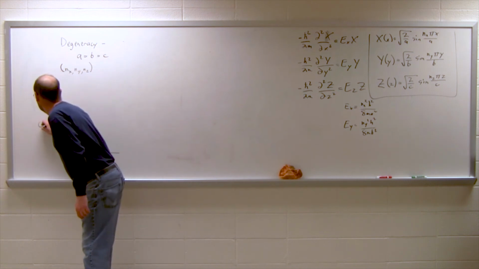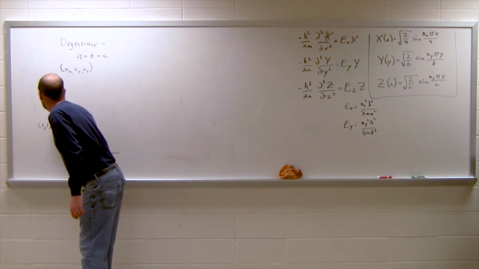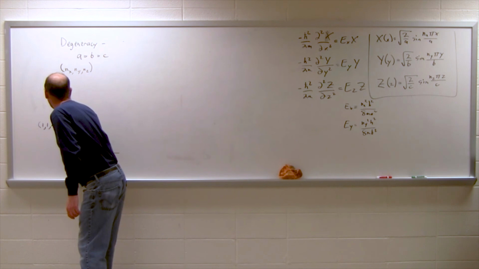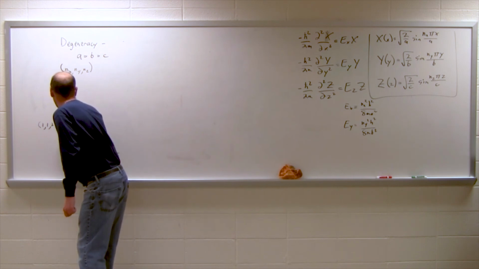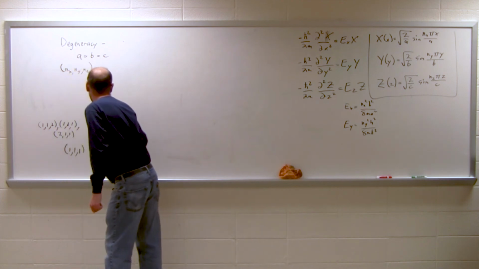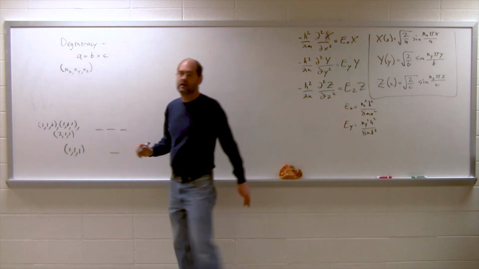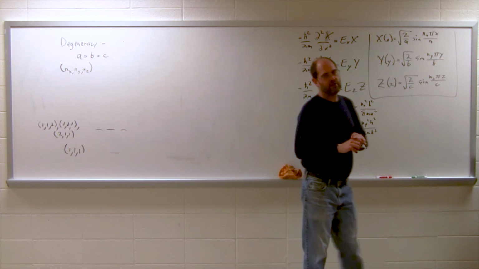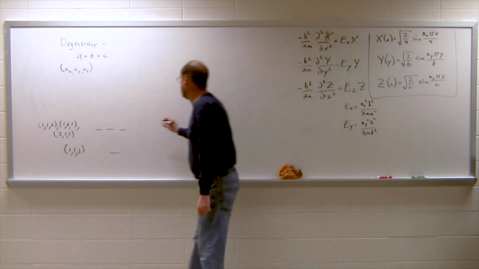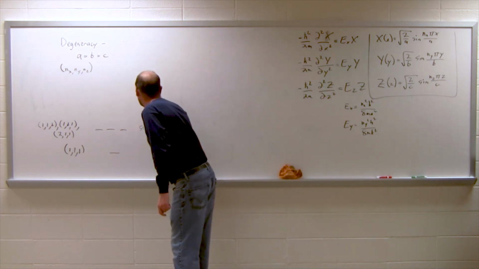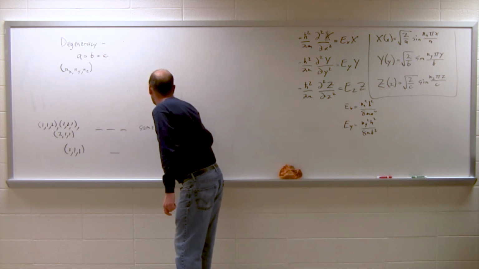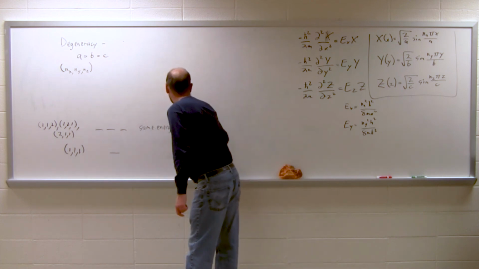That can be 1, 1, 2, 1, 2, 1, or 2, 1, 1. And so I see three states. Those three states, because they have the same energy, we call them degenerate.